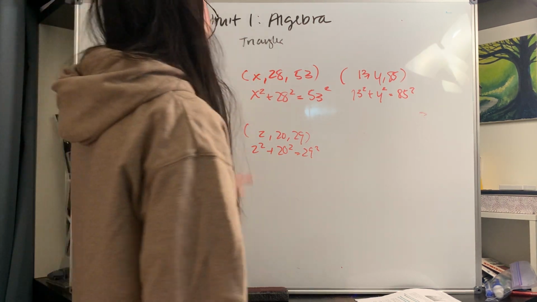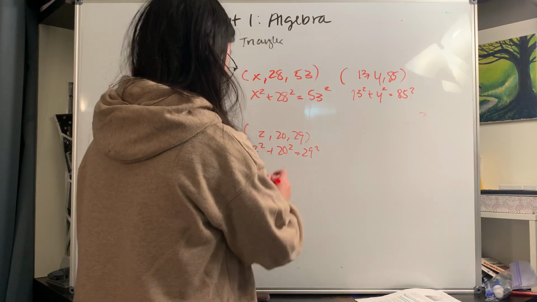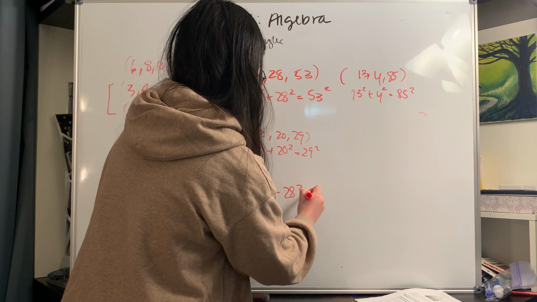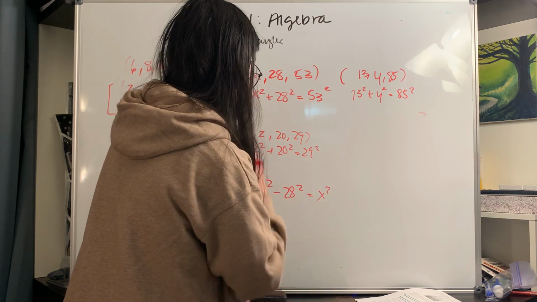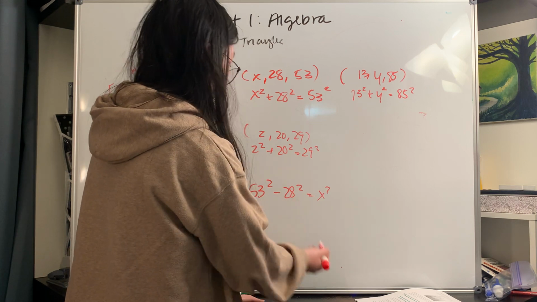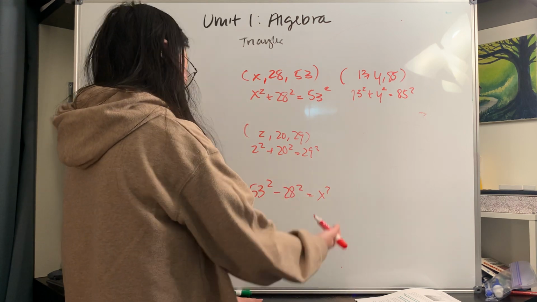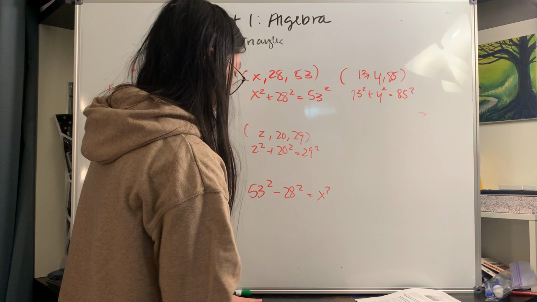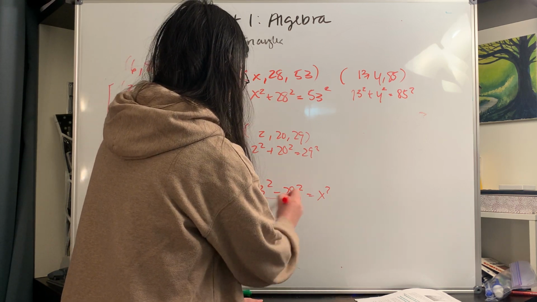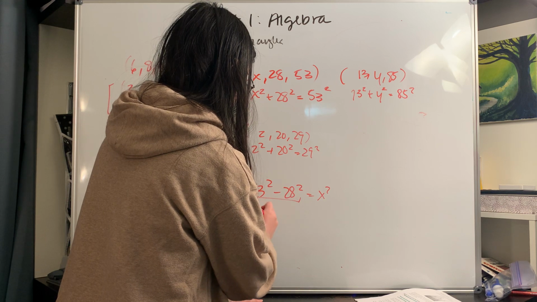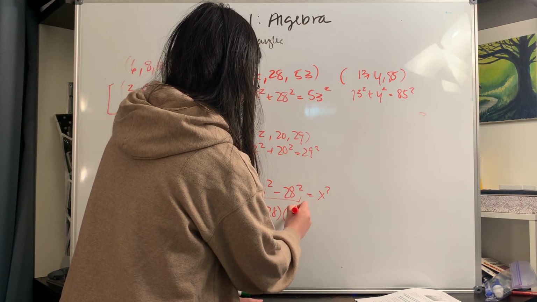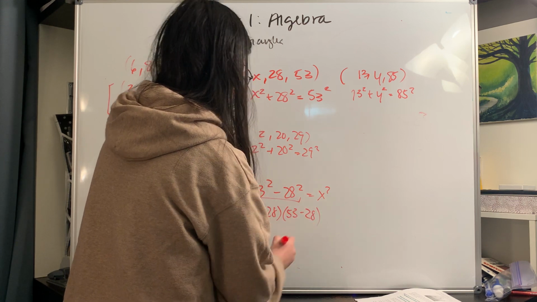So to figure out what x squared is, we want 53 squared minus 28 squared is equal to x squared. A fun thing we could do, and an easier way to do this, instead of actually figuring out what 53 squared is and subtracting 28 squared from that, is to say that this is equivalent to 53 plus 28 times 53 minus 28.